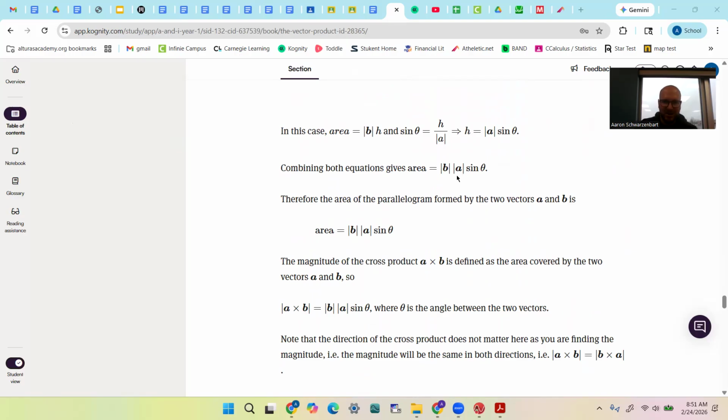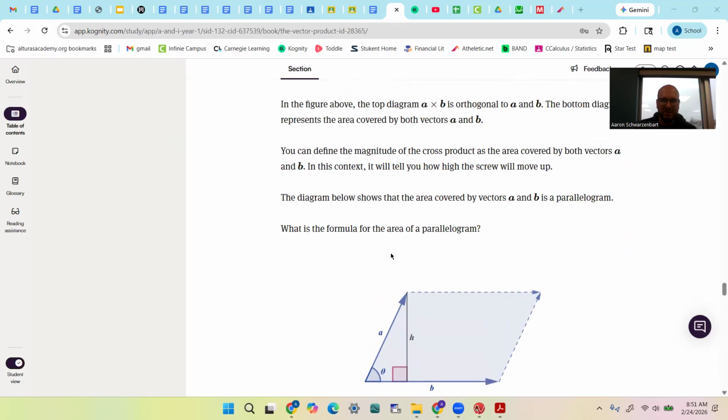So area between two vectors: the magnitude of the cross product is defined as the area covered by the two vectors, or essentially the parallelogram area.